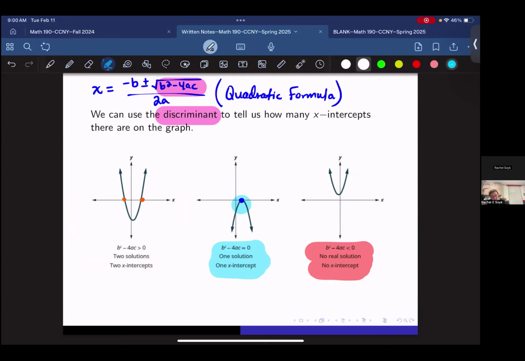Again, this is when our discriminant, our value underneath that square root sign, is a positive value. Two distinct solutions.